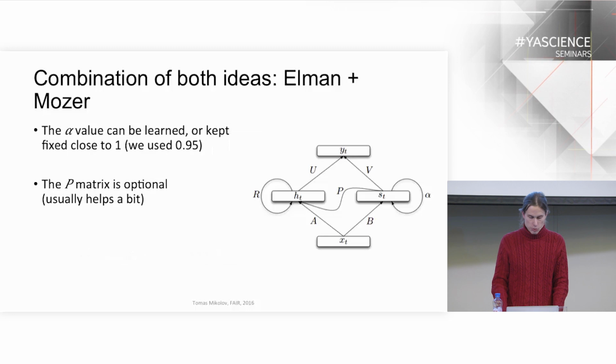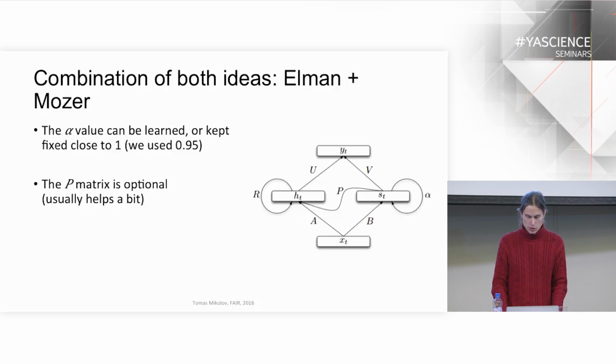The alpha value, of course, can be learned, like the self-recurrent weight for the neurons in the Mozer's layer. For simplicity, we did keep it fixed at 0.95 to show explicitly that this is a very simple weighted combination of the input features that has exponential decay in time, which is coming pretty much exactly from this definition.